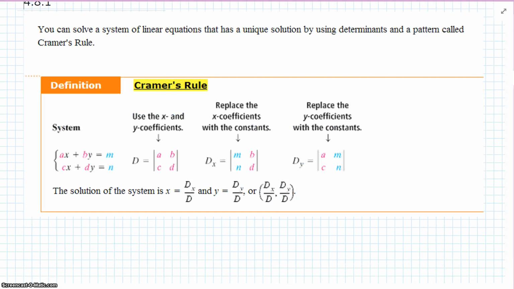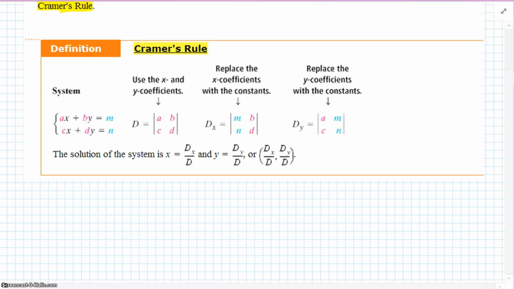You can solve a system of linear equations that have a unique solution by using the determinants in a pattern called Cramer's rule. Okay, I'm going to go through this and then we're going to see if we can make it make sense. We have a system: ax plus by equals m, cx plus dy equals n.